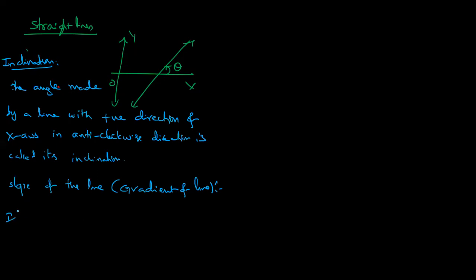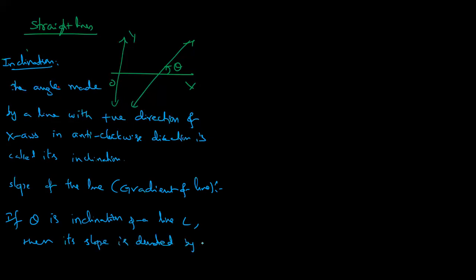So here, suppose theta is the inclination of your line, then its slope is denoted by m. That is, m is equal to tan theta. Dear students, here theta means 0 degrees less than or equal to theta less than pi, that is 0 to 180 degrees.